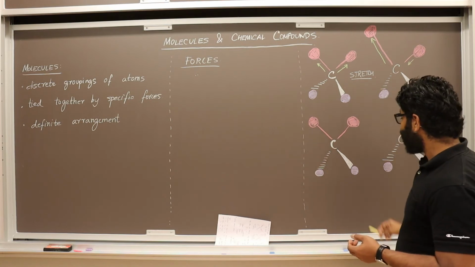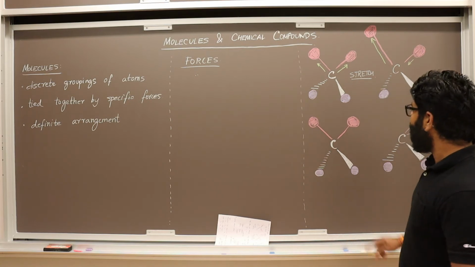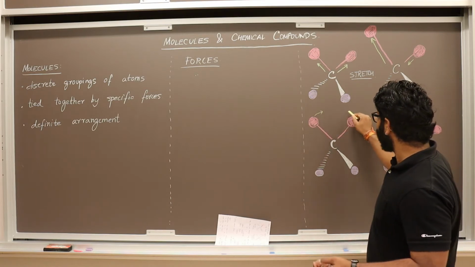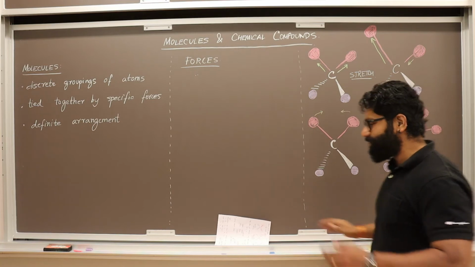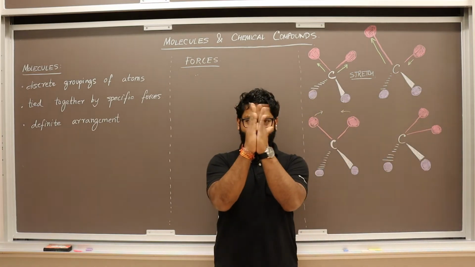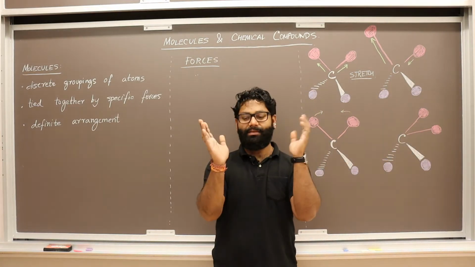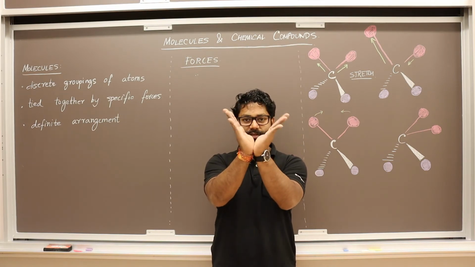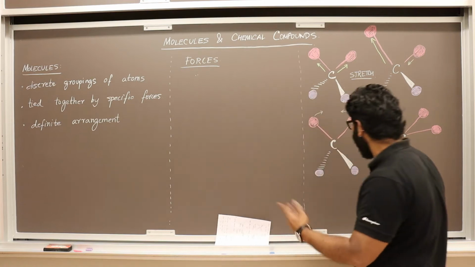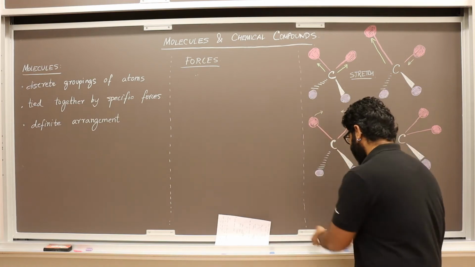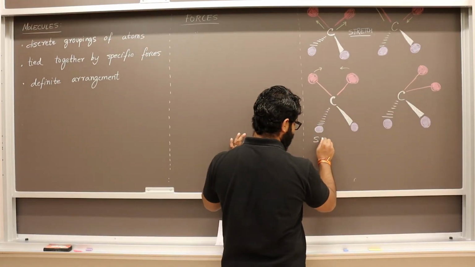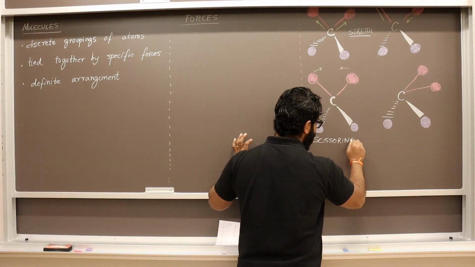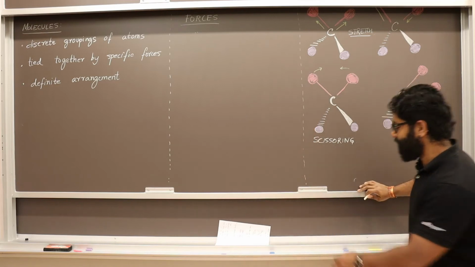inside the molecule. Okay, now what more can happen? This can do a motion like this, in which these molecules can be doing this thing. Like if you have a scissor, you close the scissor, you open the scissor. So this motion is basically called scissoring, because the motion is like the motion of a scissor.